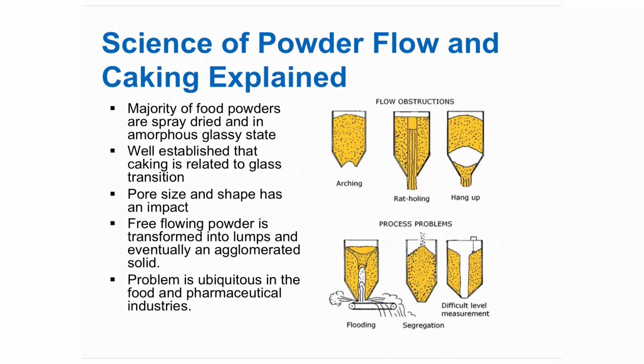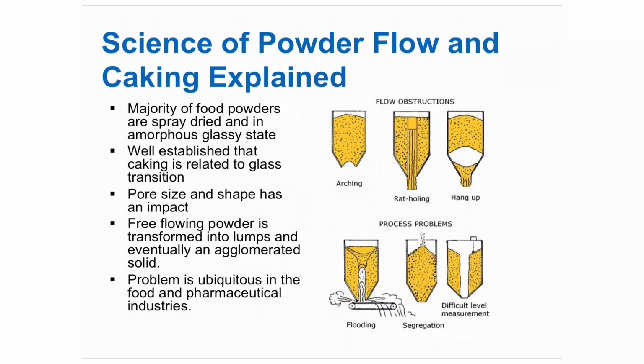And at that point, there's no more flow down through the hopper or through the piping where the powder is being transported as an ingredient into a process. So then you have a problem. You don't have any ingredients flowing. Your powder doesn't flow, and you've got to stop the process, stop the line, and try to figure out what's going on.